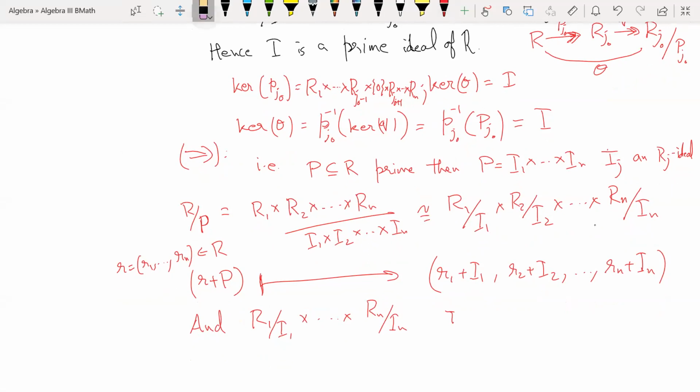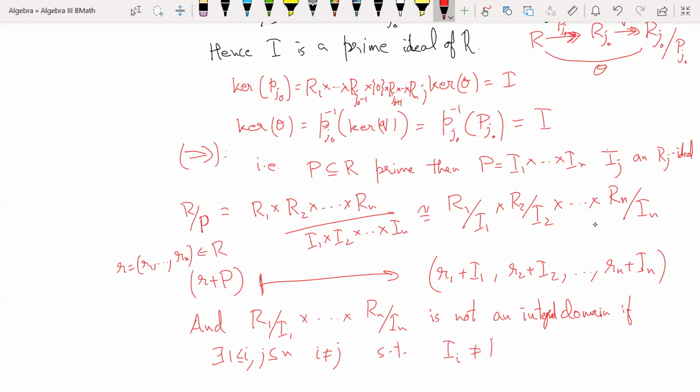The first observation is that this is not an integral domain if there exist two indices i, j between 1 and n, i not equal to j, such that I sub i is not equal to Ri, and I sub j is not equal to Rj.